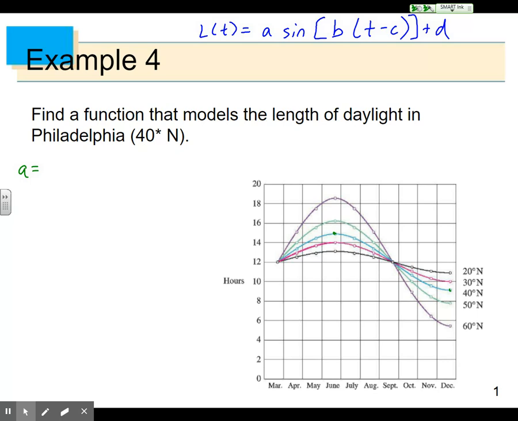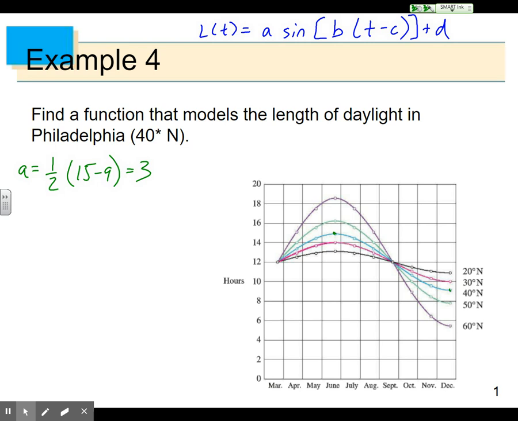Close enough. It might be a little bit north of 9, maybe 9.1, but I'm just going to use 15 and 9. So half the distance between 15 and 9 comes out to be 3.